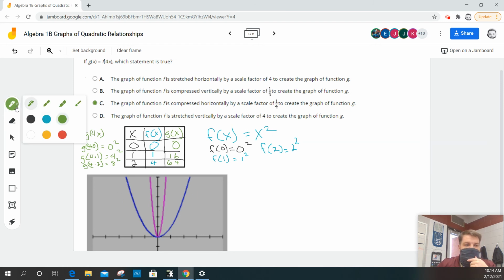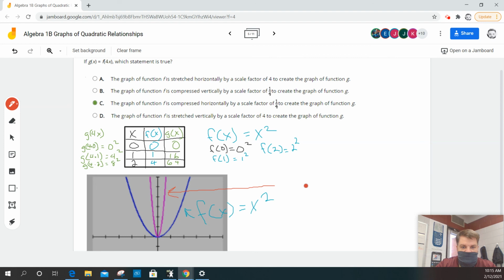And again, the blue function is going to be my f of x, which is x squared. And then my purple function is going to be g of x, which is equal to f of 4 times x. Okay?